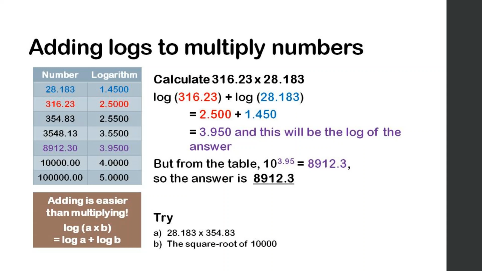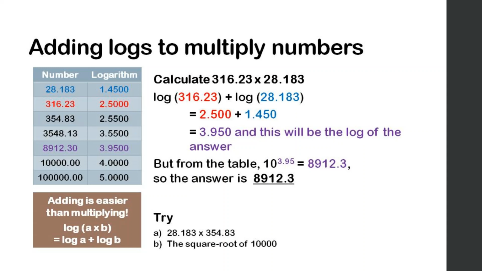Now in the old days we used those log tables to help us multiply numbers. Long multiplication is hard, but addition is quite easy. And it turns out that if you want to multiply two numbers together, all you have to do is add their logs, work out what the answer is, and then work backwards.